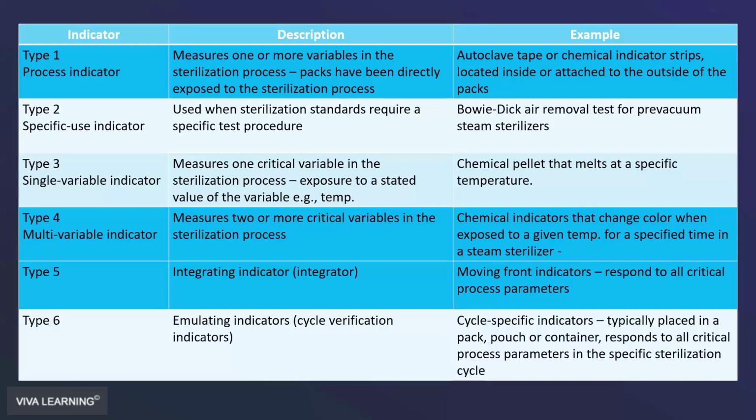That validates that not only was the pouch exposed to the parameters for sterilization, but the entire sterilizer worked as it was supposed to, reaching the right temperature for the right amount of time and with the right amount of pressure.